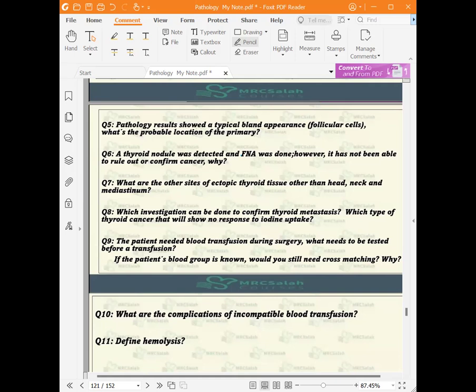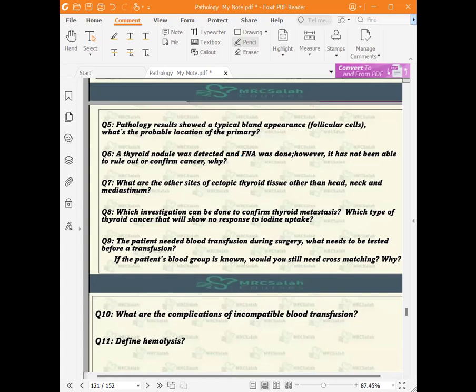So it's only checking the cytology of the place where you take the biopsy. It doesn't show you any invasion of basement membrane or anything. You have the complete answer?